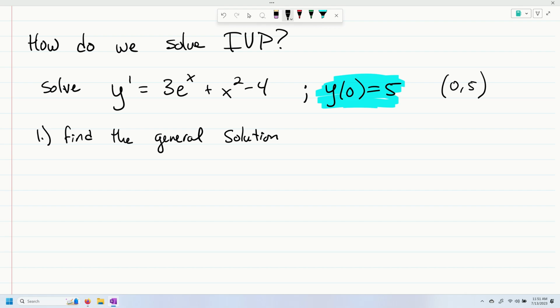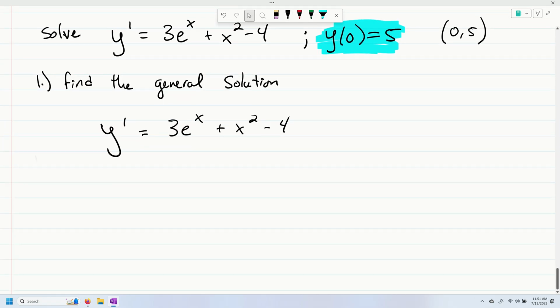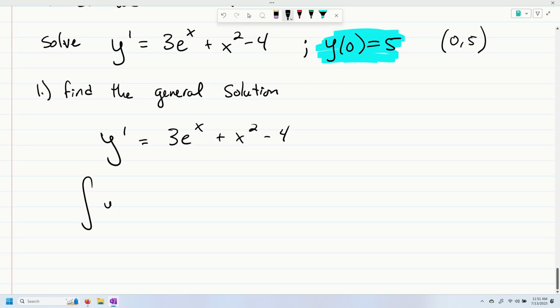Now to do this, we take our differential equation, and we are going to integrate both sides. So we're going to find the antiderivative of both sides of the differential equation. So we're going to integrate the left, and we're going to integrate the right.